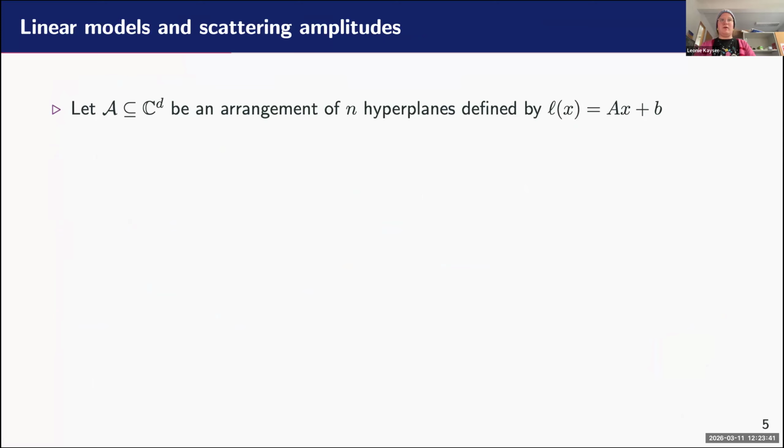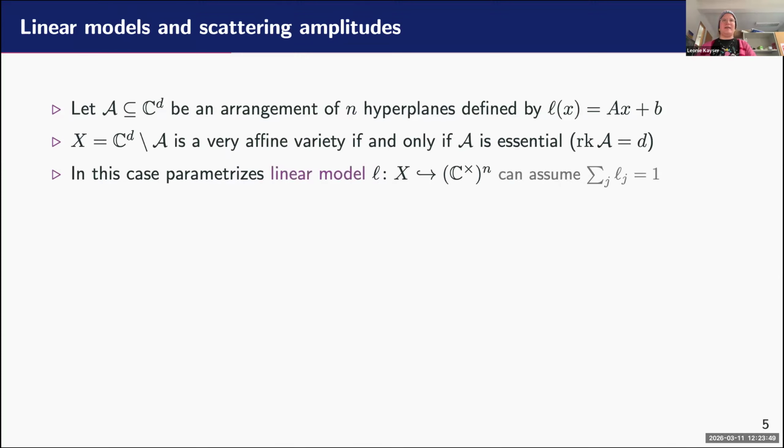And what we do is we take an arrangement of n hyperplanes, again defined by linear or affine linear functions L. And so to make it into a statistical model, as in the previous slide, we need to embed it into C star to the n, and varieties that allow for this are called very affine.